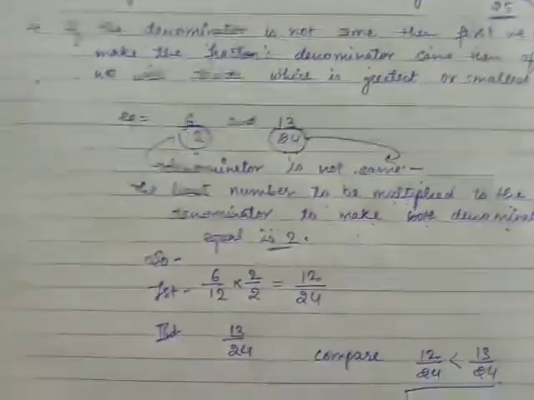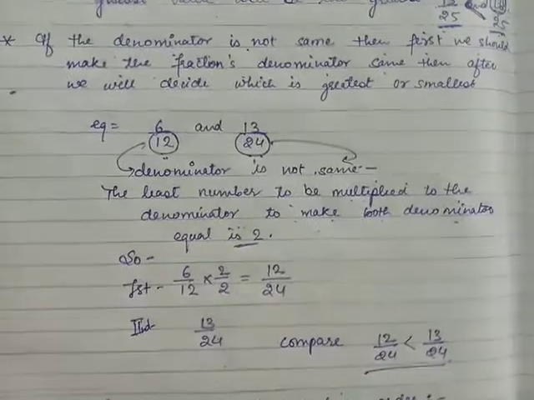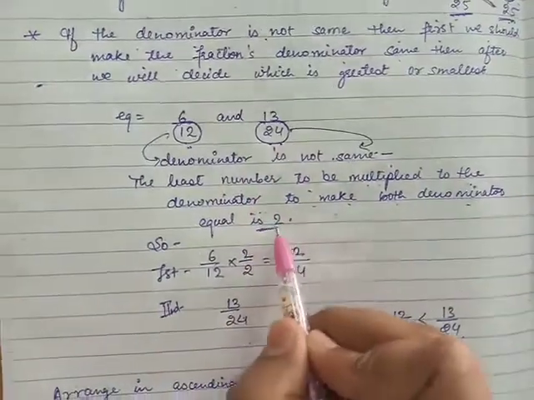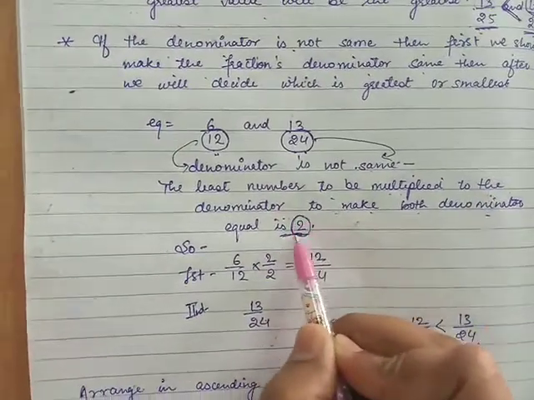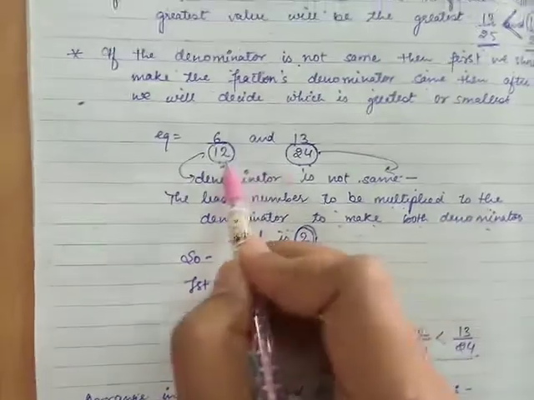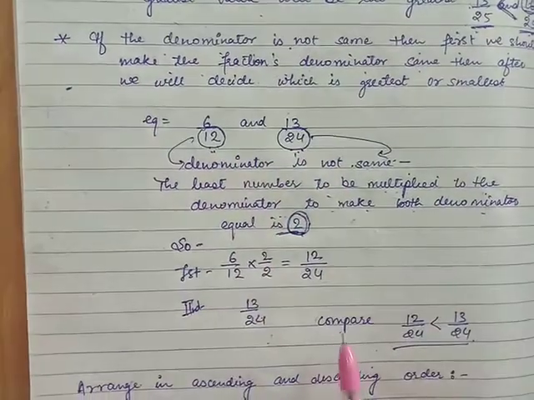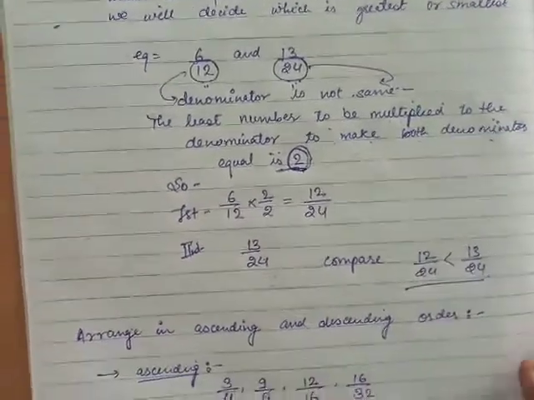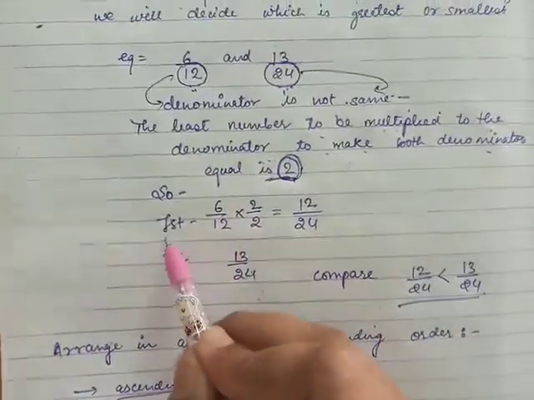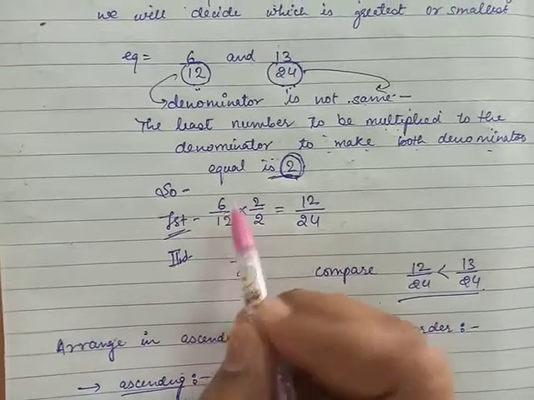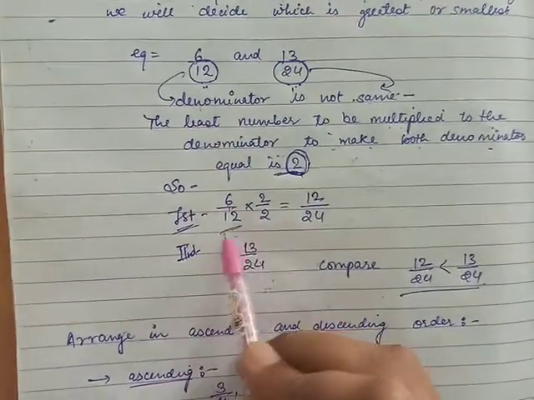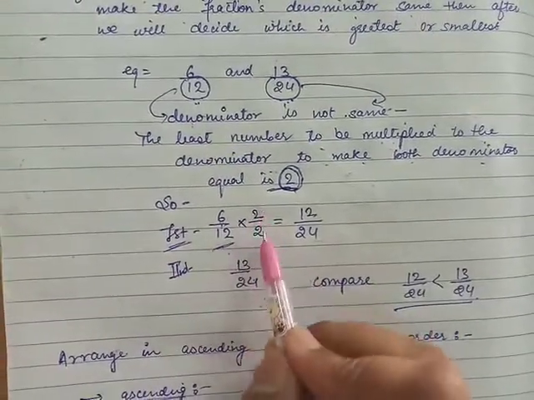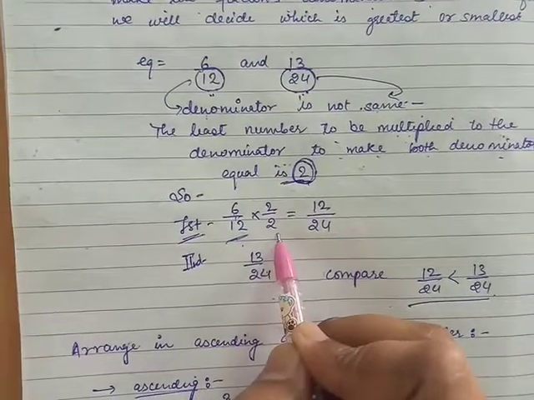So we will see that 2 is the number which, multiplied to 12, will make the denominators equal. So we will multiply this 2 to the numerator and denominator both. Here first, the first number was 6 by 12, I have kept this here and multiplied 2 on both sides.